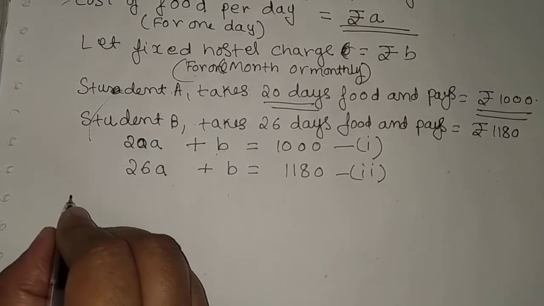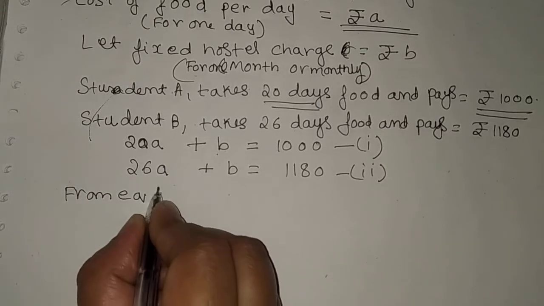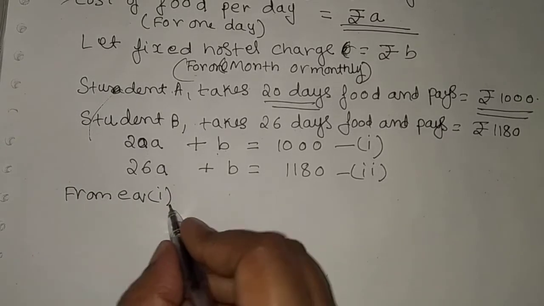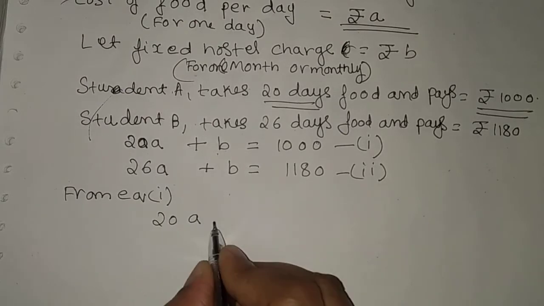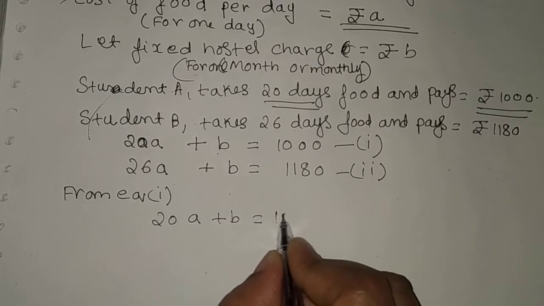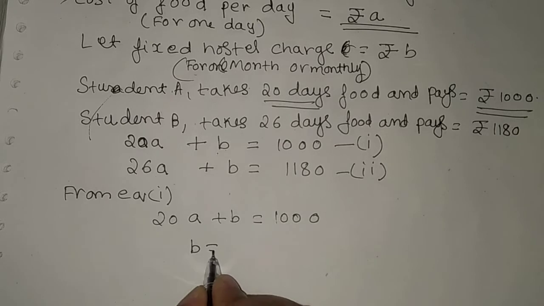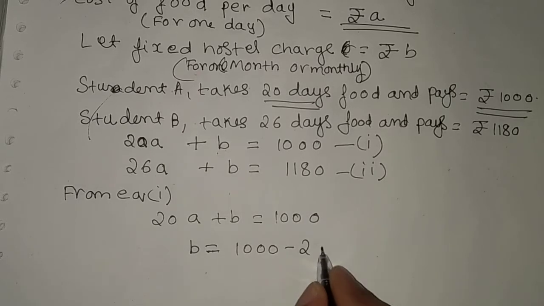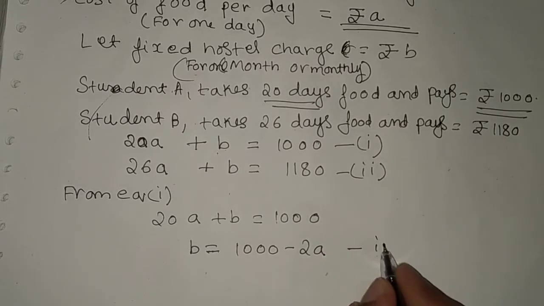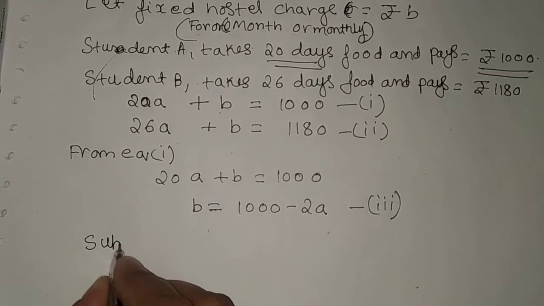So from equation 1, we take 20a plus b is equal to 1000. So what we have to do? We'll find b here. b is 1000 minus 20a. This will be equation 3. So what we have to do now?